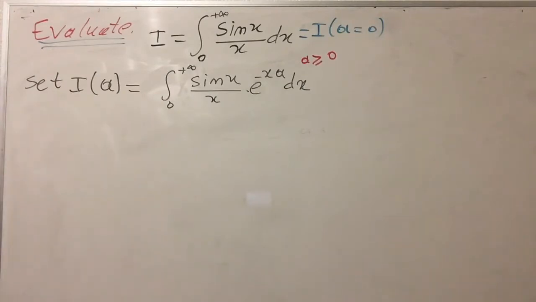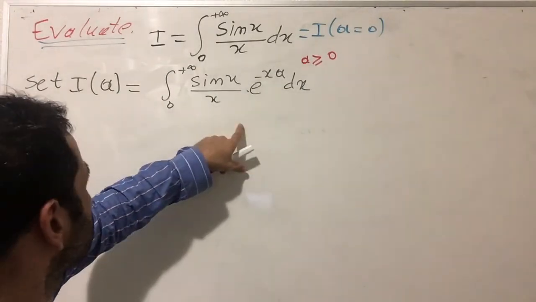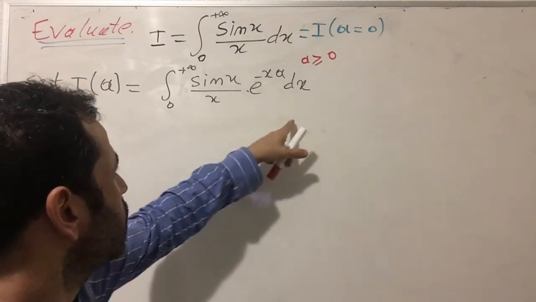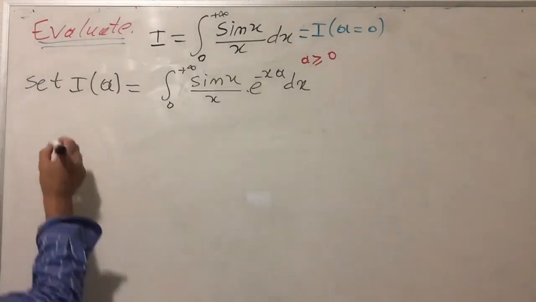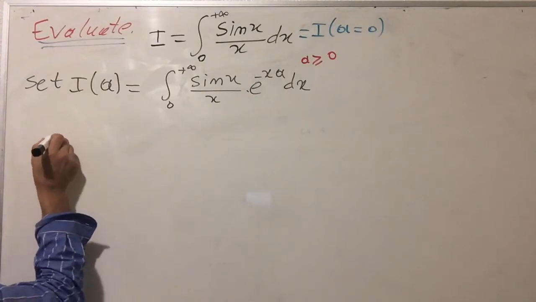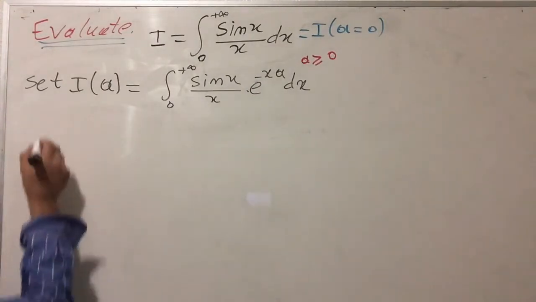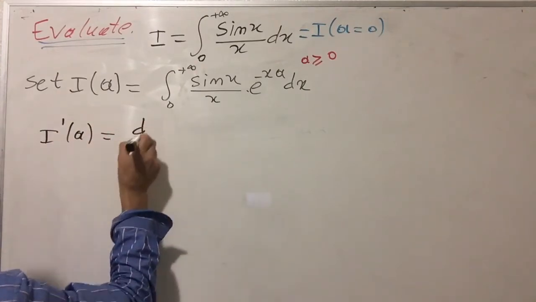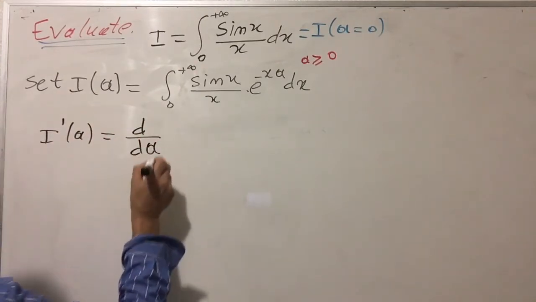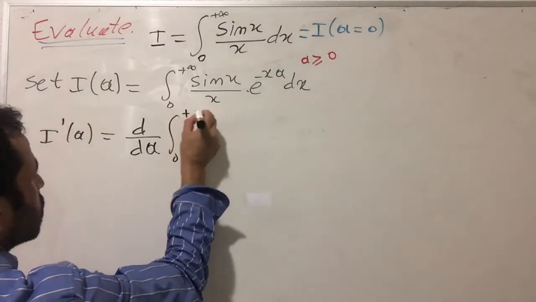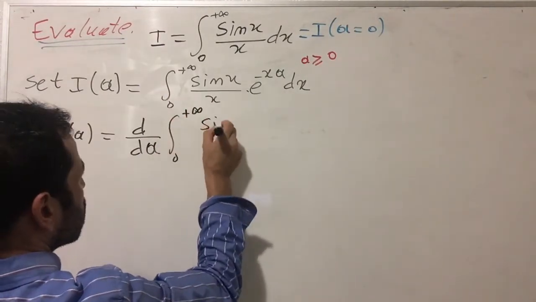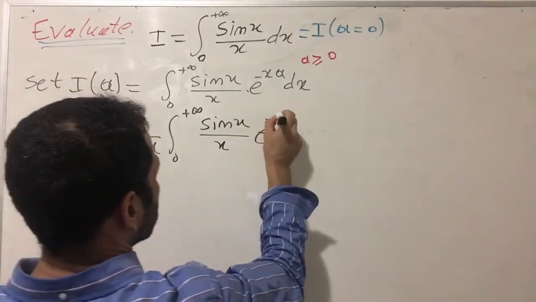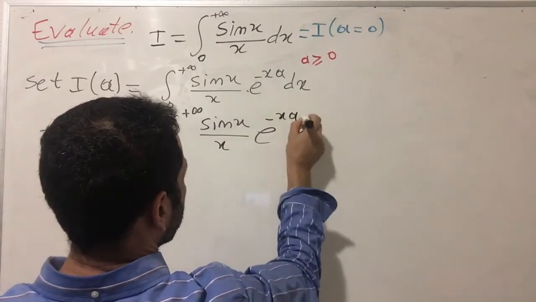The next step, I'm going to differentiate this function and integrate it back. So I will have I prime of a equal to d over da of the integral from 0 to plus infinity of sine x over x e to the minus xa dx.